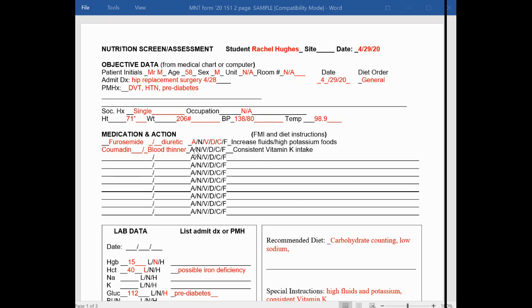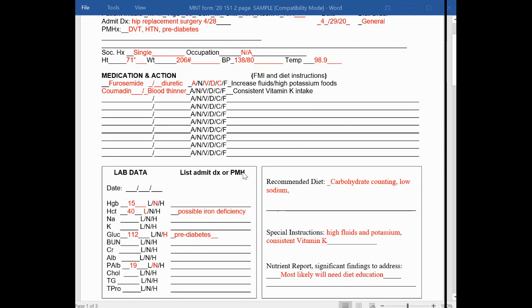But we do want to make sure that they are getting consistent vitamin K intake. Recall that Coumadin is a blood thinner, and foods that are high in vitamin K can have a pro-clotting property. So if they're going to eat foods high in vitamin K, like Brussels sprouts, Swiss chard, spinach, they need to assure that they're doing it in a consistent level.